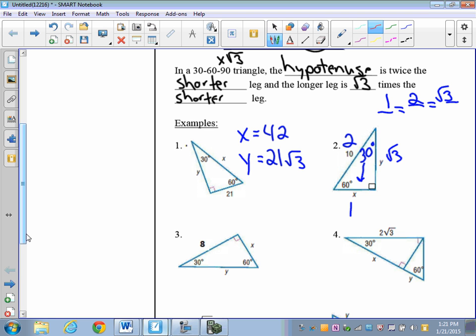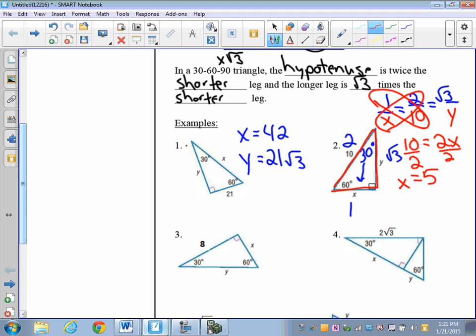And then the actual triangle, what corresponds with those numbers? 1 corresponds with x, 2 corresponds with 10, and the square root of 3 corresponds with y. Just cross multiply them. 10 is equal to 2x divided by 2. x is 5.